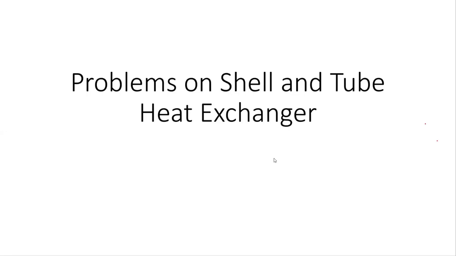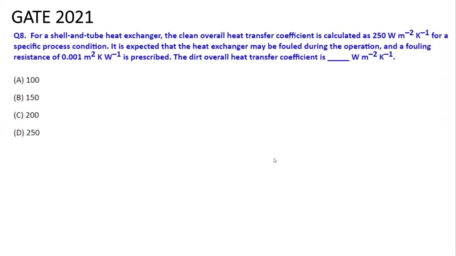So let's start directly with the first problem. This problem is from GATE 2021, the very recent GATE exam, and it says: for a shell and tube heat exchanger, the clean overall HTC is 250 watt per meter square Kelvin, and for some specific process conditions, it is expected that the heat exchanger may be fouled.